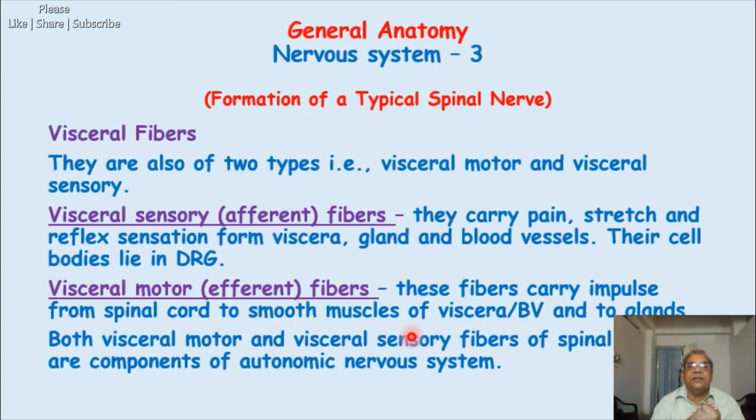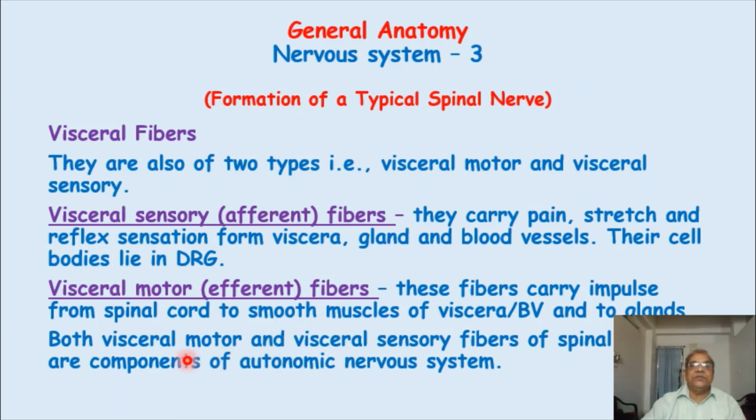For sympathetic, they are located in the spinal cord from thoracic 1 to L2, and for parasympathetic, they are located in the sacral spinal segments, that is sacral 2, 3 and 4, where the parasympathetic motor fibers are located.